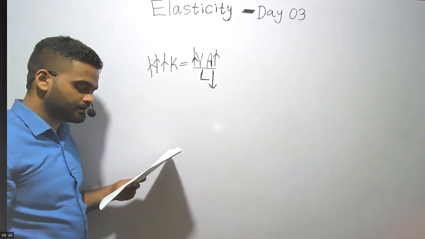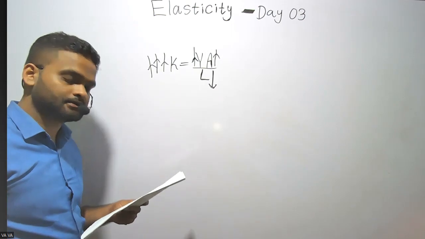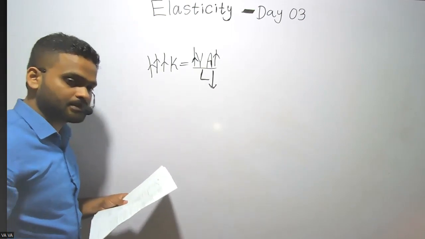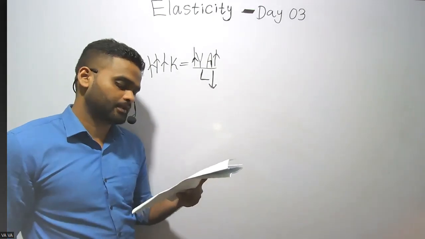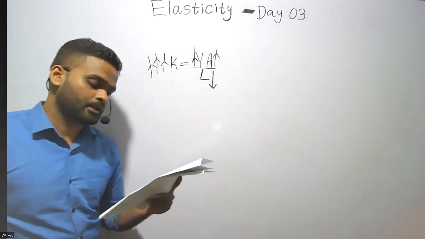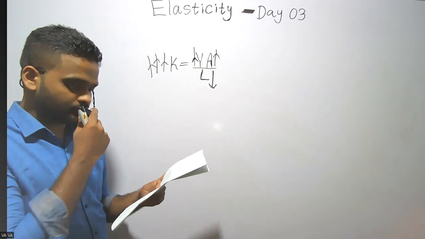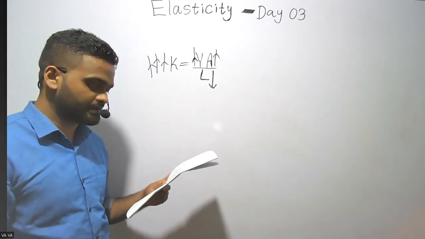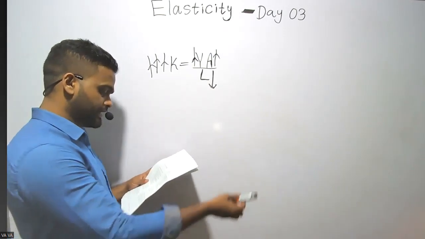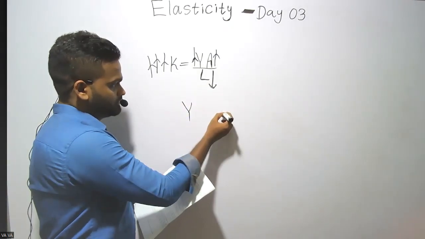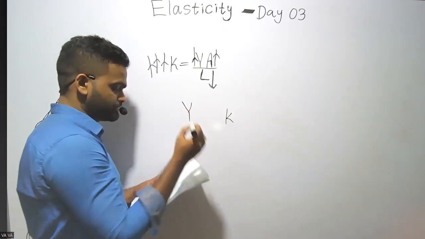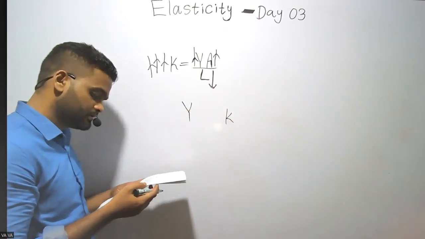Right. Then try 28. I'll give you some time, try that. Right. 28. Force constant of a wire made of a material with Young's modulus Y is K. Force constant K, Young's modulus Y for the material.